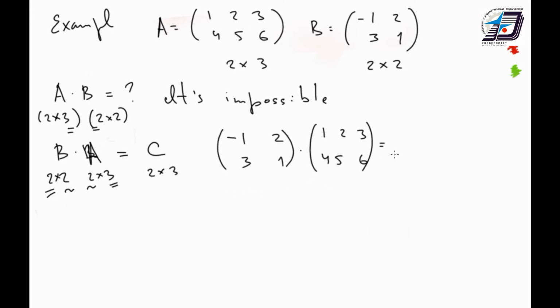And as a result of this multiplication, you have a 2 by 3 matrix. C11, C12, C13, C21, C22, and C23.